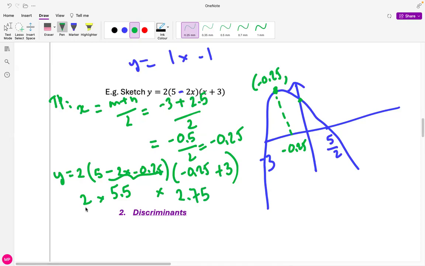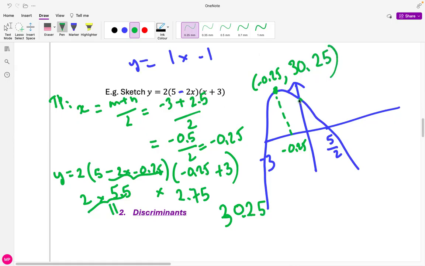Okay. 2 times 5.5 gives me 11. And 11 times 2.75 will give me 30.25. So we know that the y value here will be 30.25.